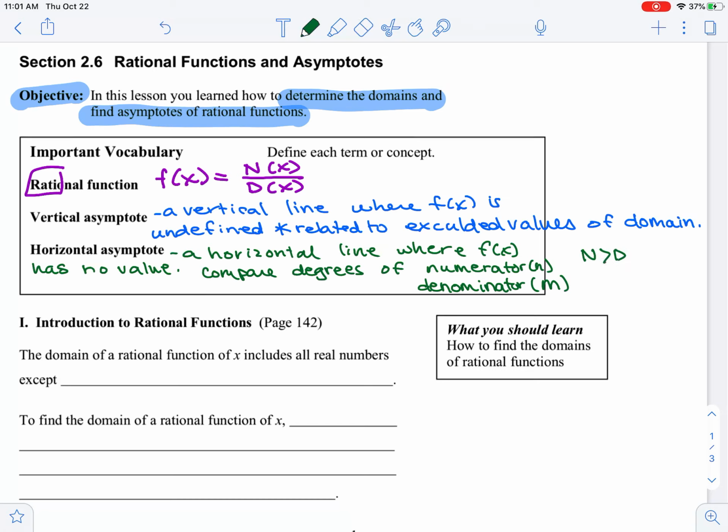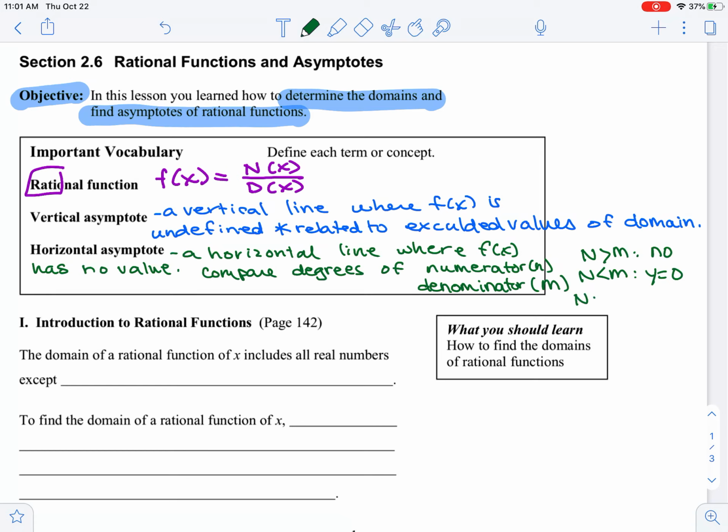If the degree of the numerator is greater than the degree of the denominator, there is no horizontal asymptote. If the numerator degree is less than the degree of the denominator, we say the horizontal asymptote is at y equals 0.